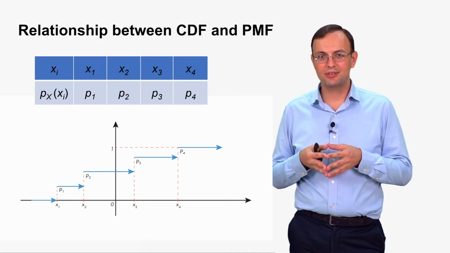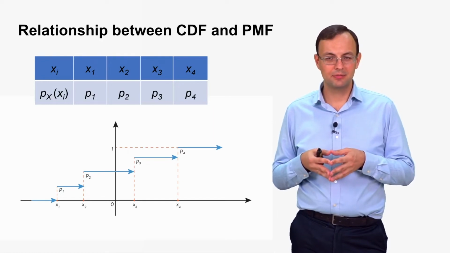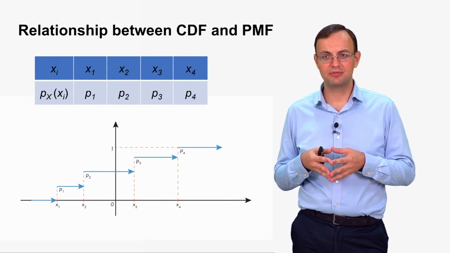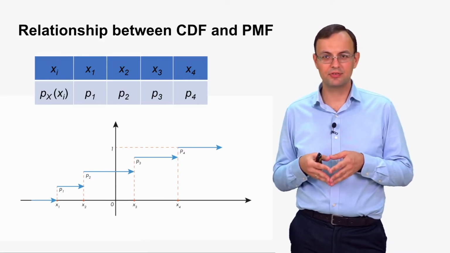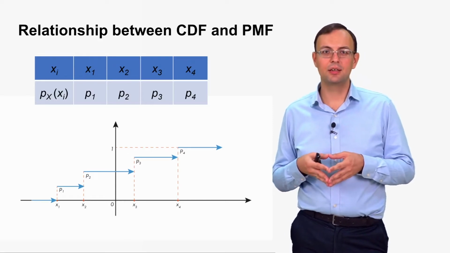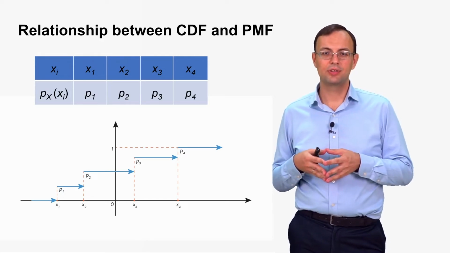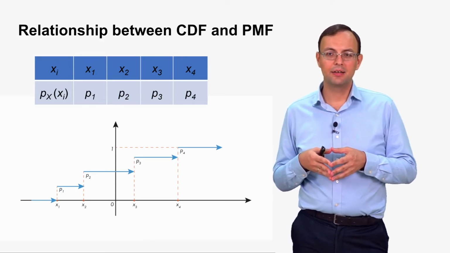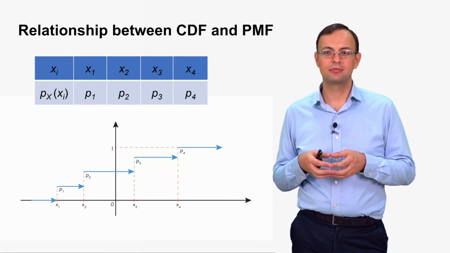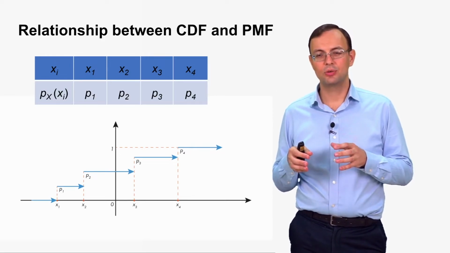You can see this in the picture. If we have a table with all possible values of the random variable of our interest, let's say there are 4 possible values, x1, x2, x3, x4, and if we know the 4 probabilities for each of these values, the CDF of this random variable looks like stairs.